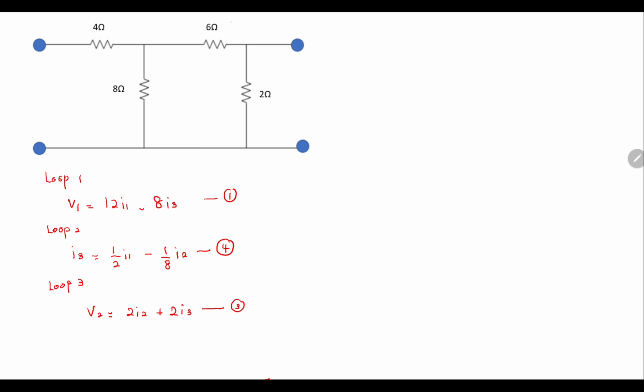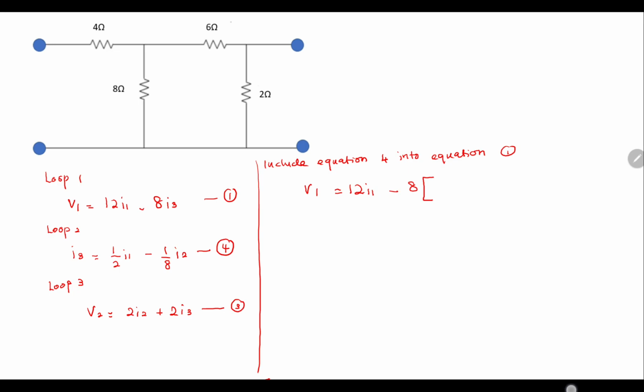So you can substitute equation 4 into equation 1. V1 equals 12I1 minus 8 times I3, which is 1 over 2 I1 minus 1 over 8 I2.